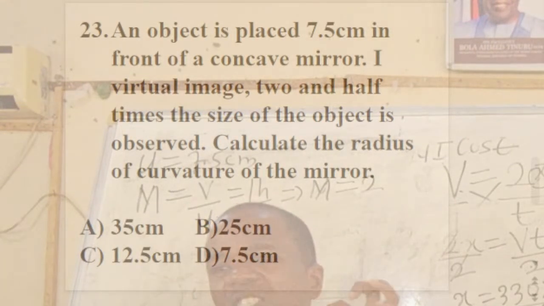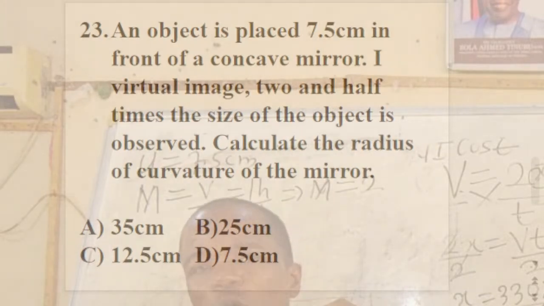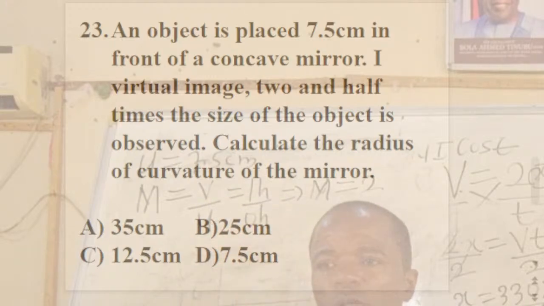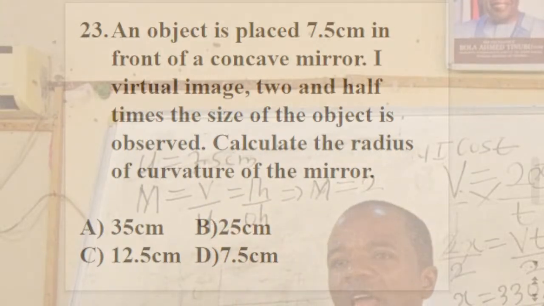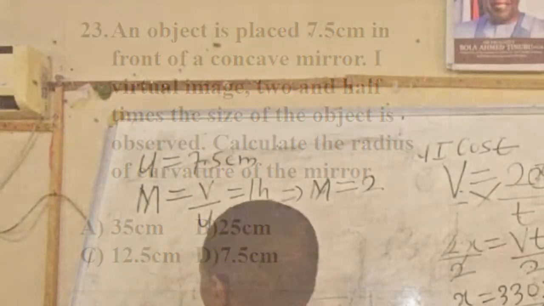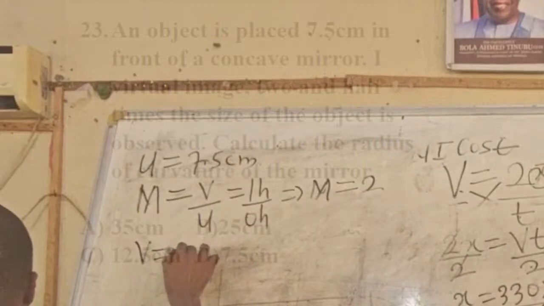For a convex mirror, the focal length F is going to be negative. For a virtual image, the image distance V is always negative. Every virtual image has a negative image distance V. Every real image will have a positive V. So the image distance now, V, is going to be negative.